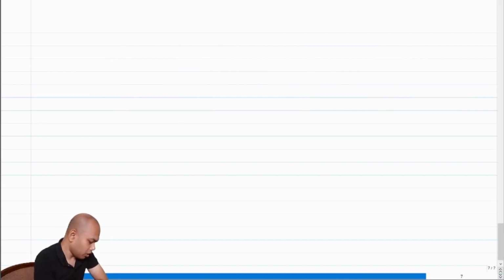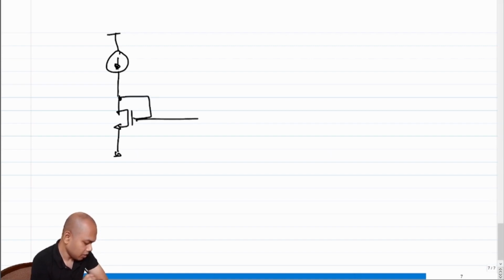In case of an NMOS, what was the most convenient way of biasing a transistor using a constant current source? One of the most convenient ways of biasing was through a diode connected transistor.